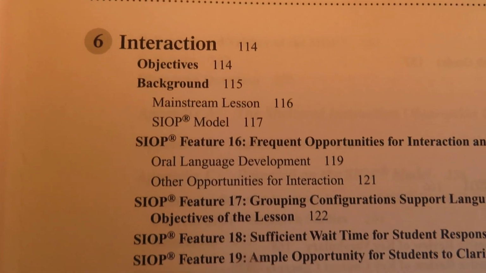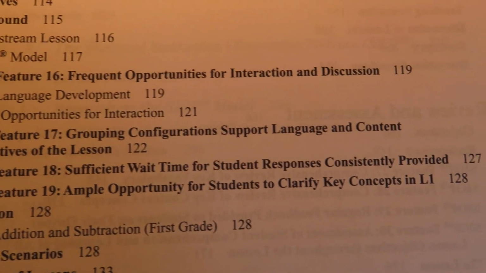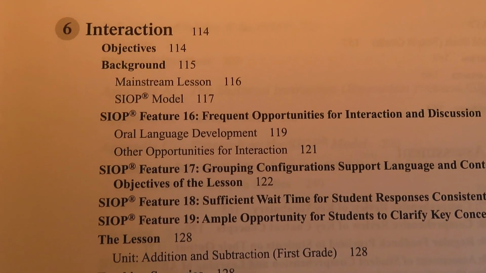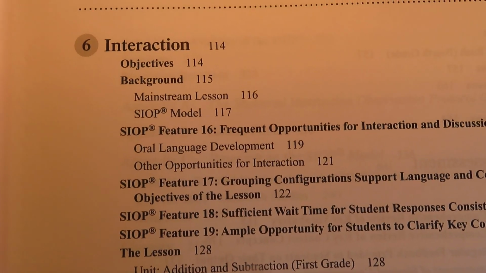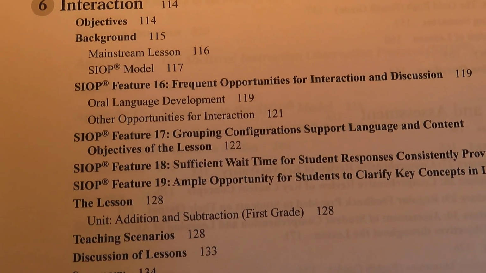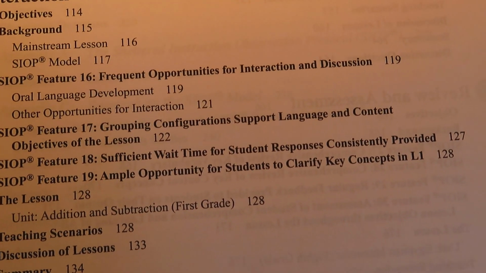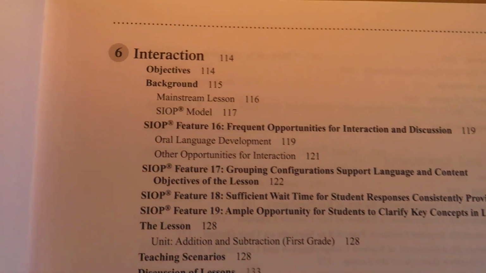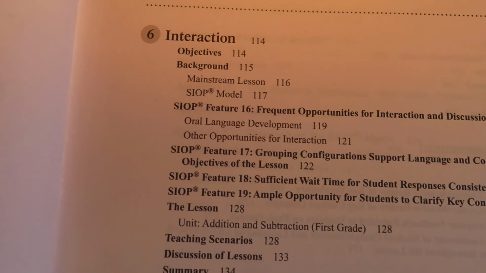So there needs to be interaction during every lesson. And, fair enough. Each lesson does need to have interaction, but it's unclear what stage of the lesson this needs to happen at. And perhaps it doesn't need to happen at a particular stage. It just needs to happen somewhere in the lesson.